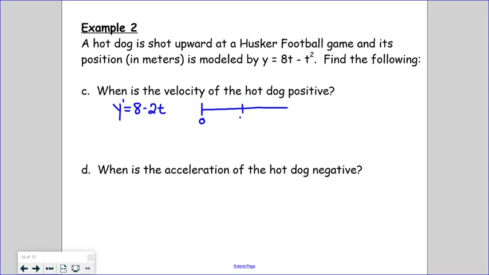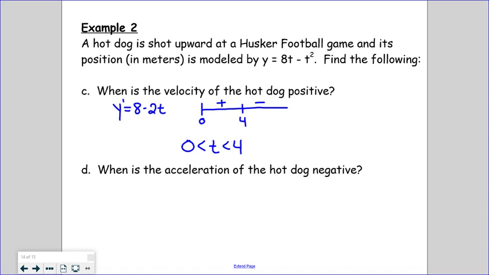It is 0 at time equals 4. All I want to do is look at, okay, where is it positive, where is it negative? We can use a sign chart. Pick a number that's between 0 and 4, like 2. If I plug a 2 into this function, this is a positive number, right? If I plug something bigger than 4, like 10 into here, this is a negative. Where is our velocity positive? From time equals 0 to time equals 4.